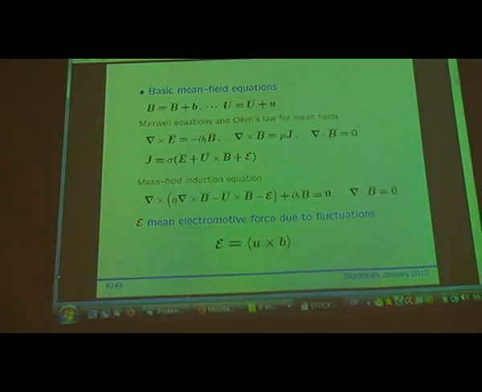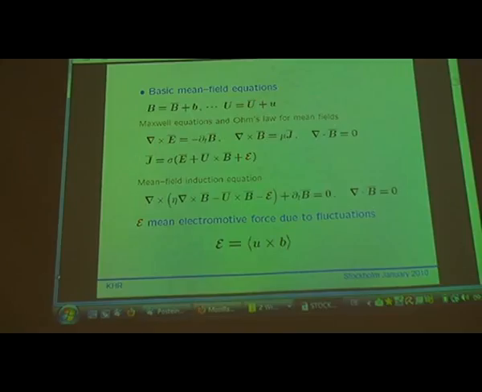You may imagine one of these averages in the following derivations. Return to our basic equations and put B equal to B bar, the average B, plus fluctuation, U bar plus fluctuation, and so with all the other quantities. Then take the average of the original Maxwell equations and you get this.